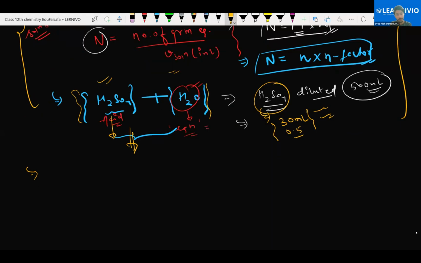If I am able to get the relation between these two, then I am able to find the molarity which is asked of me. Why am I able to get the molarity? Because if I rewrite this formula of normality, the number of gram equivalents is obtained by multiplying the normality with the volume.